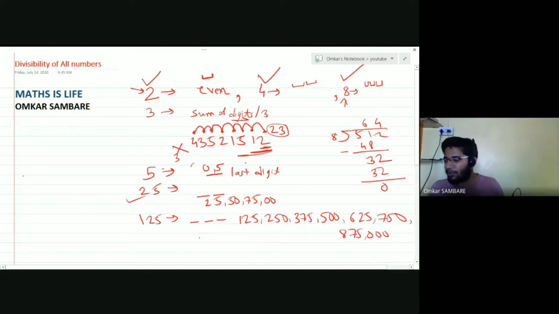So out of all these 8 possibilities, if any is there in the last group of 3 digits, that is hundreds place, tens place, units place, then the number will be divisible by 125.